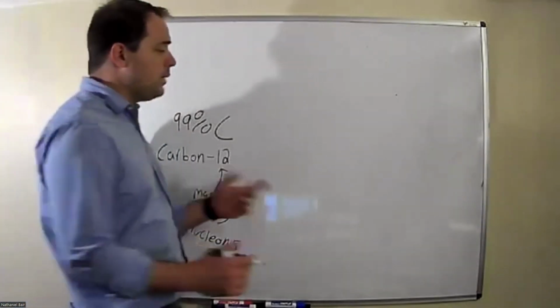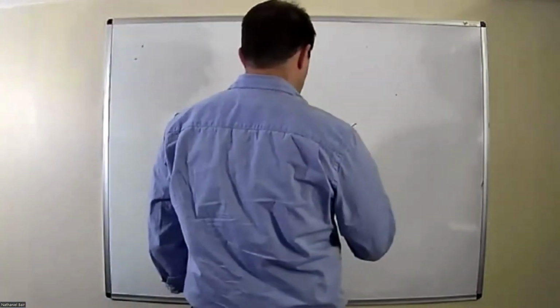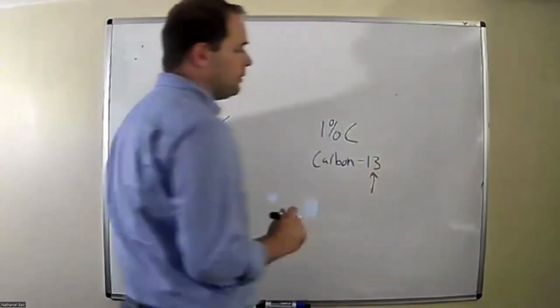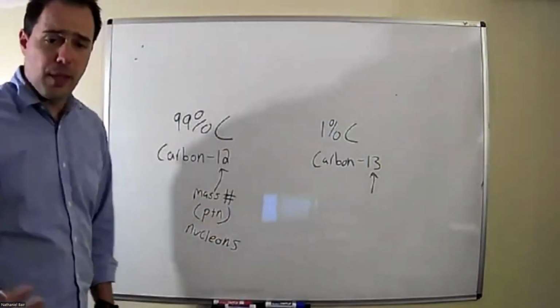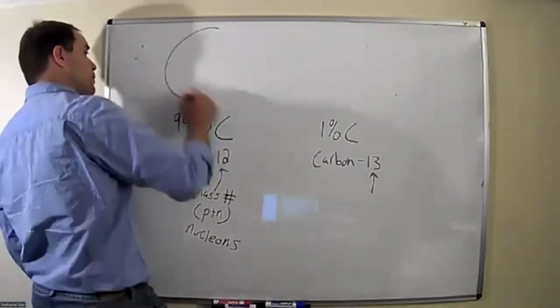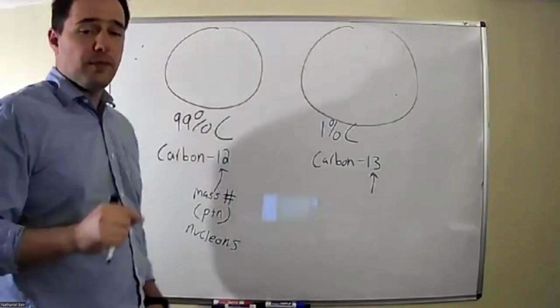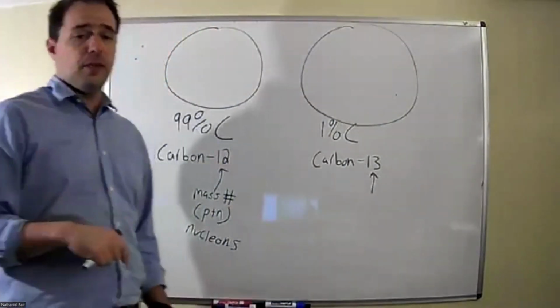Okay, 1% of carbon on this planet is carbon 13. So it's got 13 nucleons. Now these are both carbon. So let's talk about what that means. Since they're both carbon, find carbon on the periodic table, they both have to have 6 protons, right? Carbon, letter C, it's got an atomic number of 6.